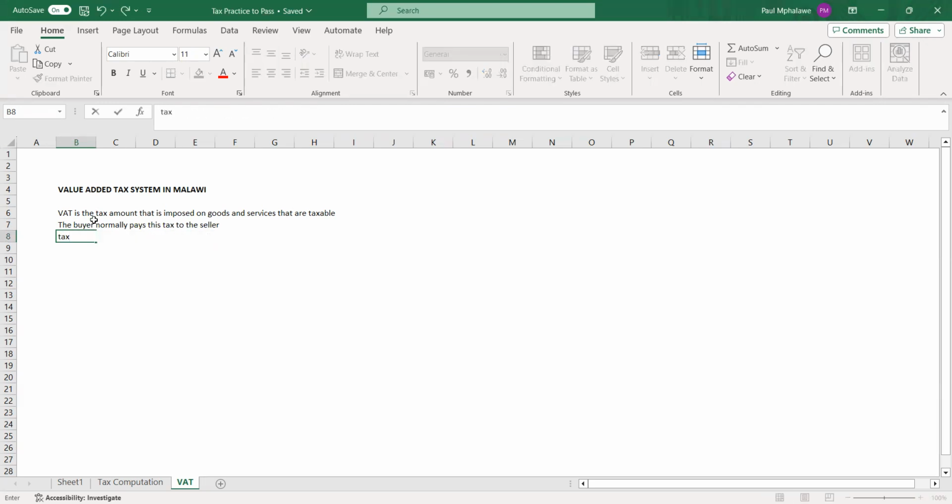So tax paid on purchases is called input tax. Input tax. Okay? These are key points to note.